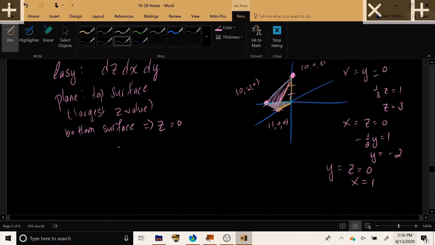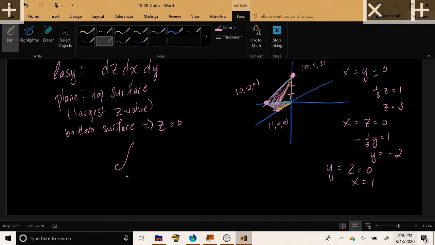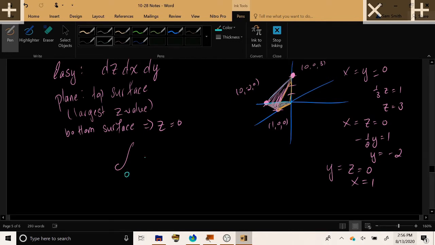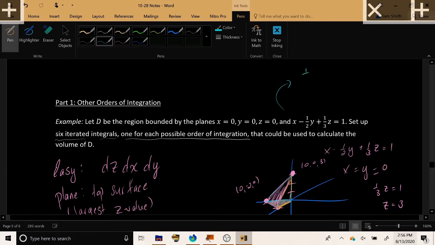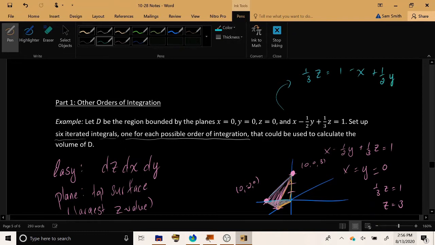So our inner limits of integration will go from 0 on the bottom to the plane on the top. Let's rewrite this plane so that I get a statement about z: 1/3 z equals 1 minus x plus 1/2 y.